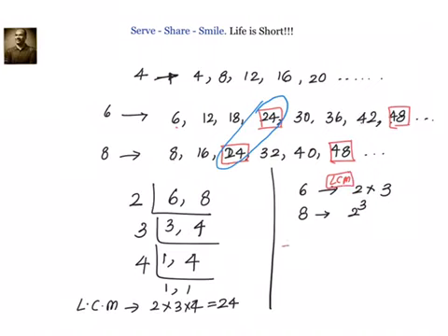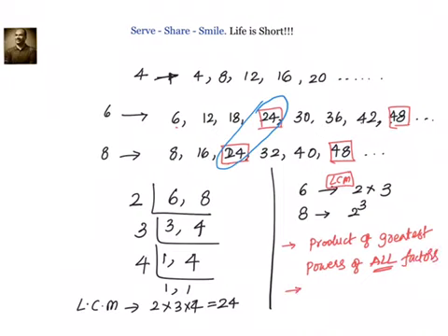The LCM is given by the product of greatest powers of all factors. If you remember, for HCF or G.C.D, we were doing only the common factors, least powers. Now it is greatest powers of all factors or all divisors.